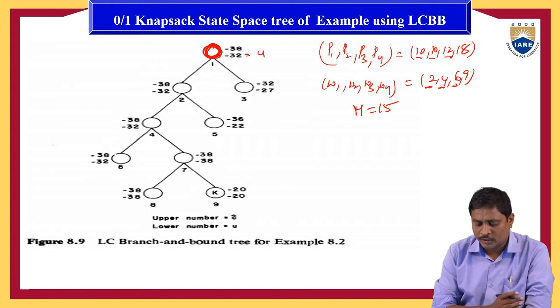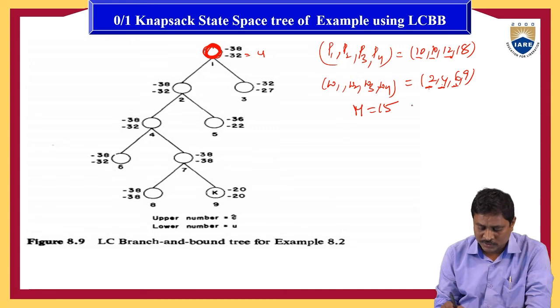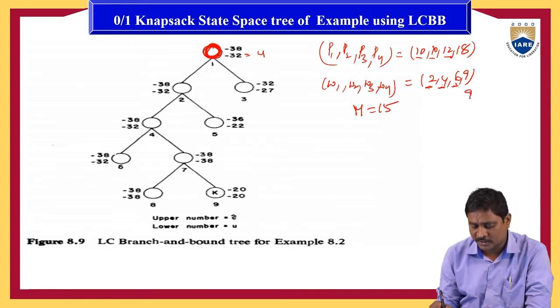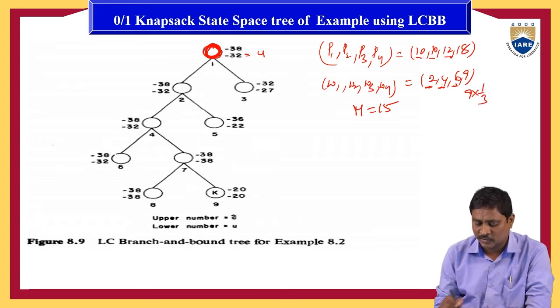Next, whenever we calculate the lower bound, we consider a fraction of some weight value that is also inserted into the bag, and we insert all these weight values up to the maximum capacity. Here 2 plus 4 plus 6, 12. 12 plus the 3 value we take from this 9. So 9 into 1/3, 3. 3 plus this 12, 15.